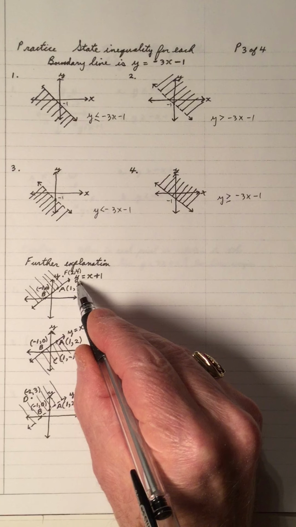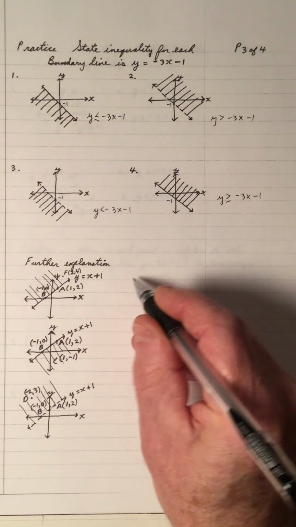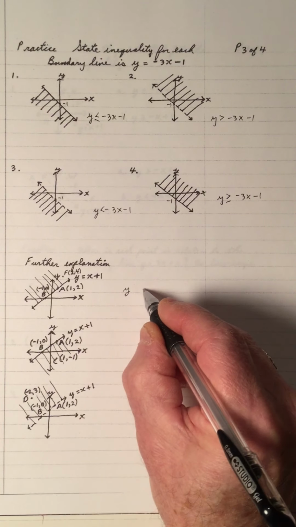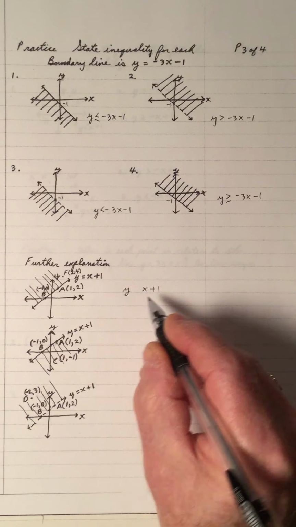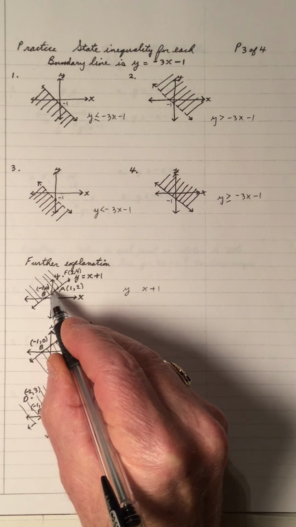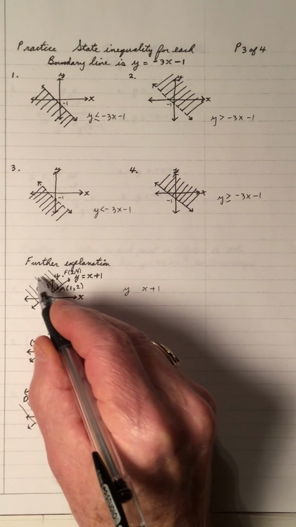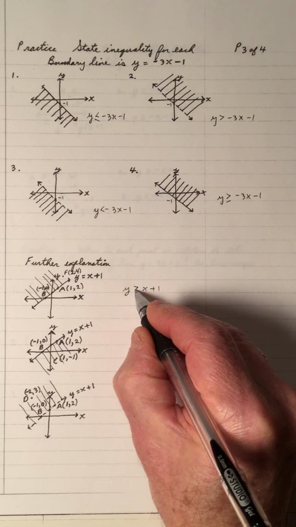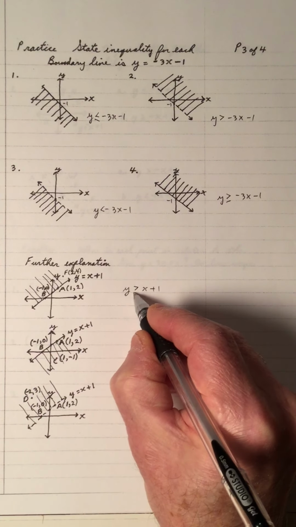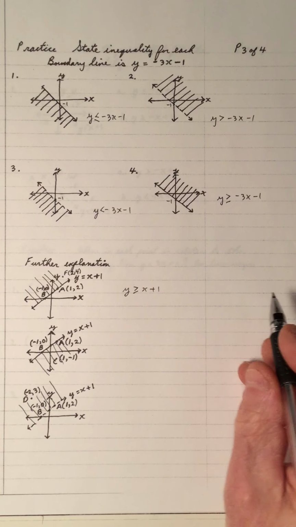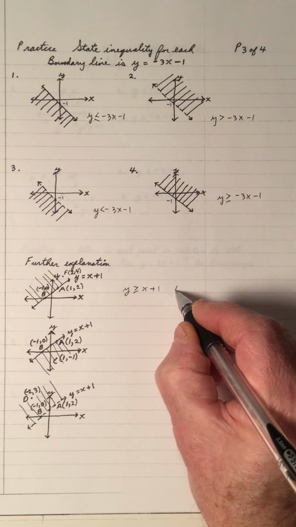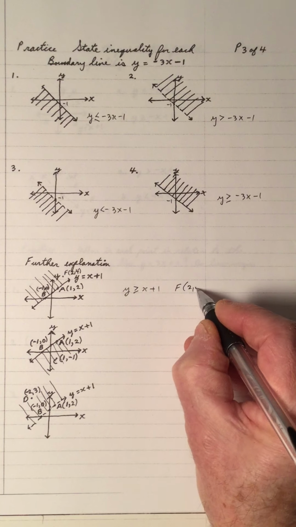Notice I have a boundary line, y equals x plus 1. So if I put my boundary line like that, these points are all the points above. You're going above, so that's greater than, and a solid, equal to. Now, what about the point F?